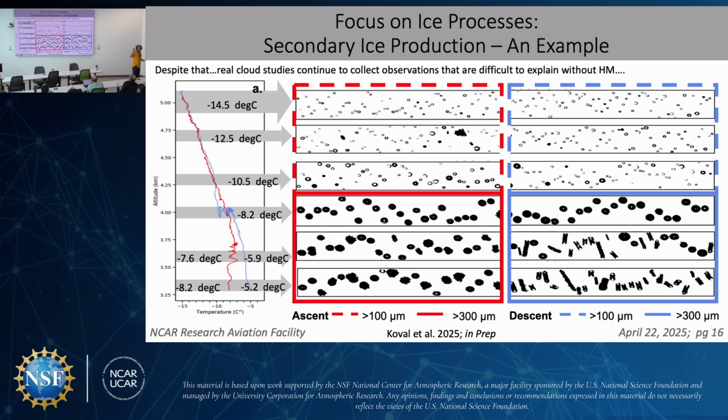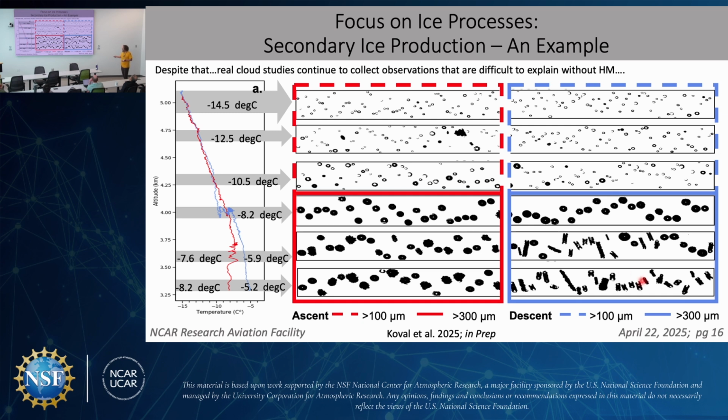And then somewhere between -8 degrees Celsius here during our descent and -6 degrees Celsius, we get this very rapid transition of these large drizzle drops, 400 to 500 micron size drizzle drops, to these columnar type crystals. Now we're only plotting on here the particles that are larger than 300 microns. Okay, so there's a number of small ice crystals that are also columnar type on here that we're not showing in this diagram.